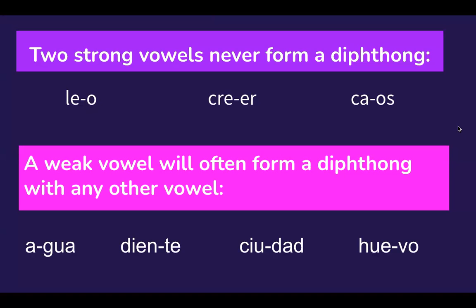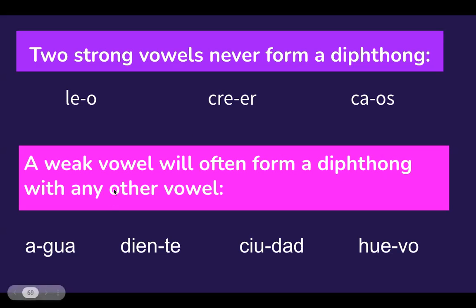In other words, 2 strong vowels are never next to each other in the same syllable. They always separate into separate syllables. Some examples: leo, creer, caos. Remember that the strong vowels are a, e, and o.